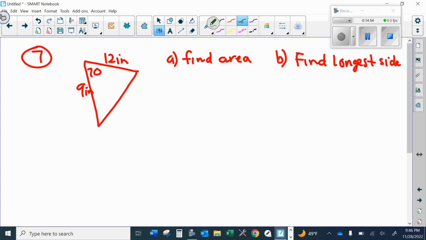Okay. So area of a triangle when it's in SAS format as this is. Remember, you're at 1/2 AB sine of C, where this is A, this is B. It's angle C, so we put a B there and an A there.